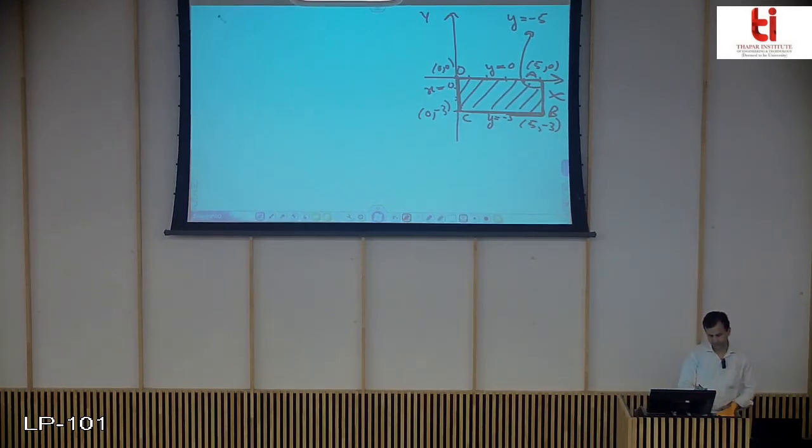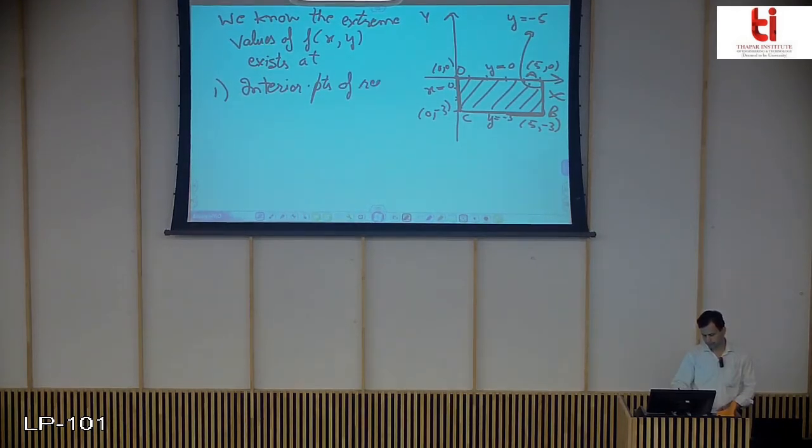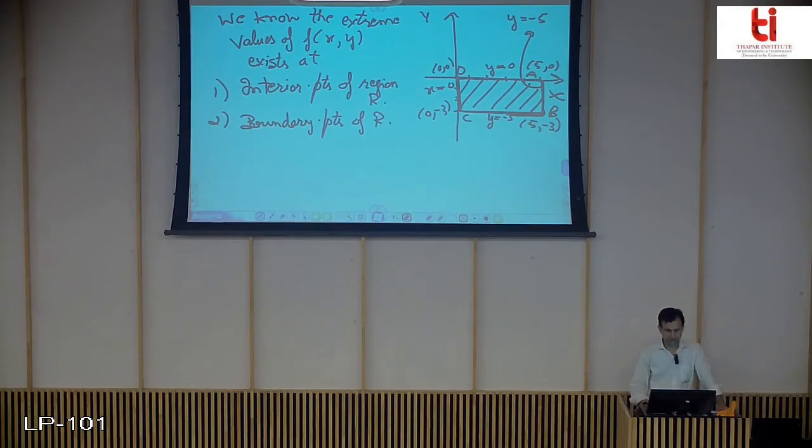So we know that the extreme values of f(x,y) exist either at interior points of the region, say this region is R, including the boundary, or secondly at boundary points of region R. So we know that the extreme values of the function will lie either on the interior points of this region, somewhere inside this boundary, or on the boundary, on the surface above that boundary.